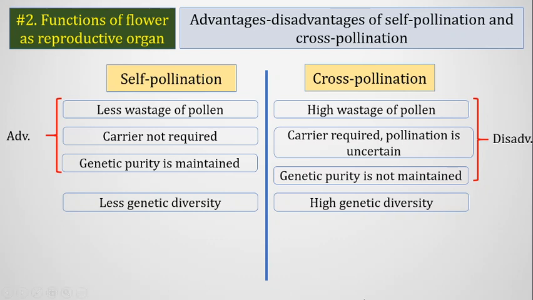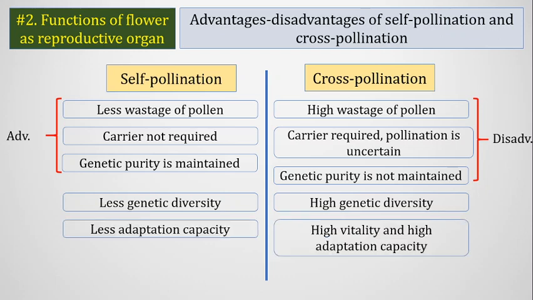But in cross-pollination, there is high genetic diversity, because the offspring produced by the mother plant will have different characteristics at different times, so the offspring produced at different times will be different in characteristics. So there is high genetic diversity.